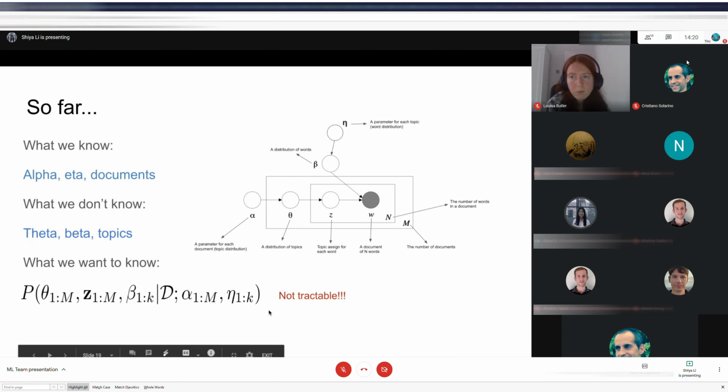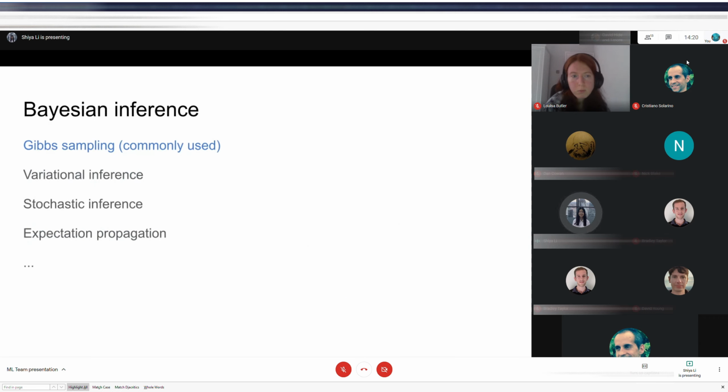But unluckily, this posterior probability is not tractable in computation. So it means we have to use some approximation methods.